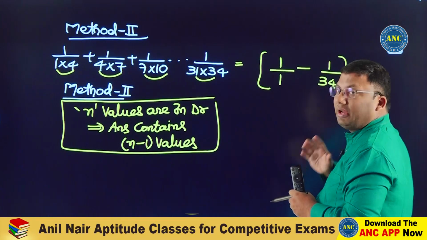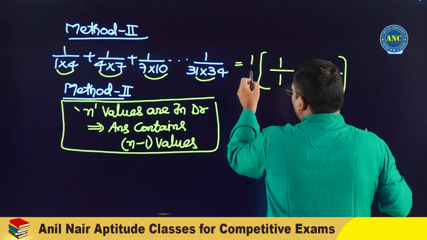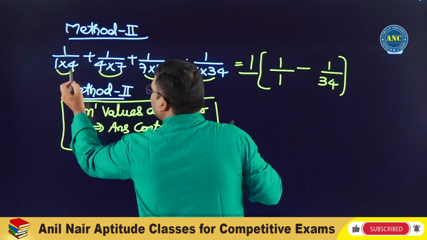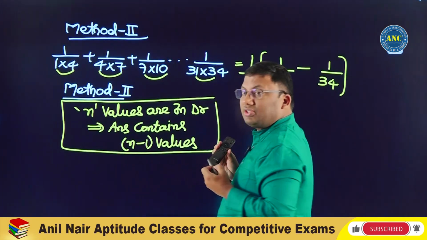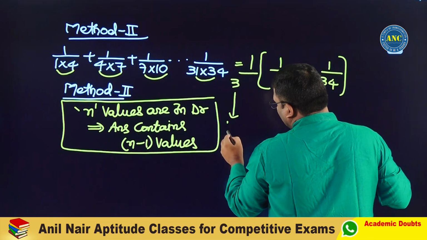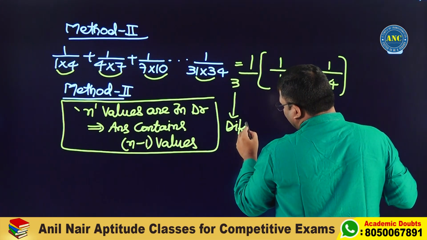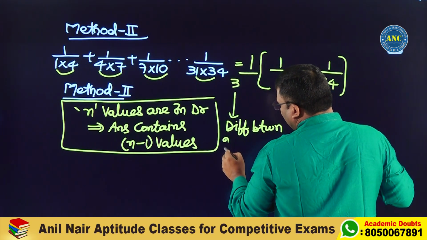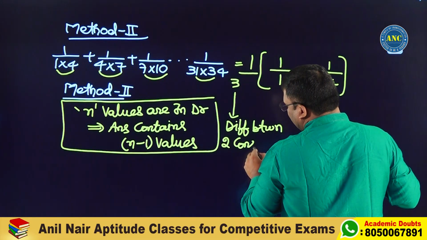1 minus 1 by 34. Here it is 1 by. Next one. What is the difference between 2 values? It is 3. Here I am writing. These 3 is the difference between 2 consecutive values.